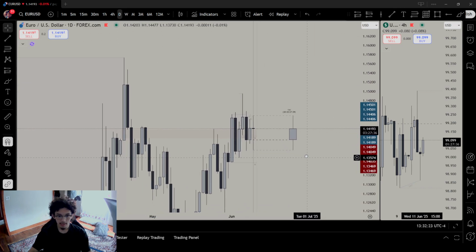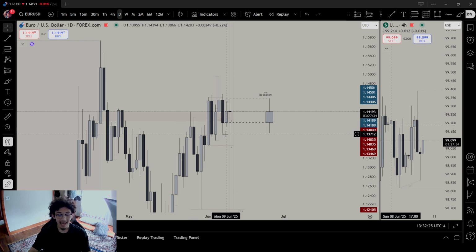Now on a daily, at the start of the day, I was actually bullish because we had a daily SMT, ERL to IRL, but the IRL already got missed. So now we go from a daily IRL back to ERL, as well as we have a daily CRT to the downside.